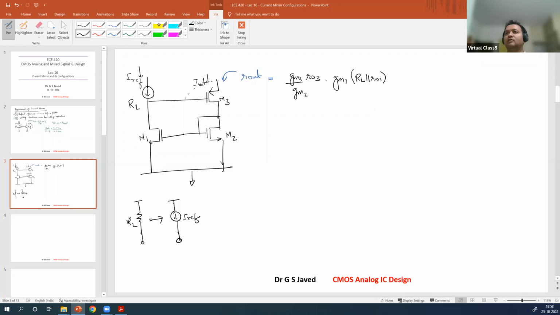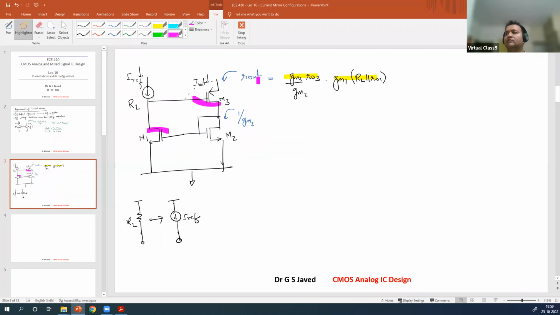Now here you have one gain term here, another gain term here, times 1 over gm2. That is the load seen here. So this is a gain, this is a gain, this is multiplied the gain factor here. So if you see the gain of this device, gm2, multiplied by the gain of this device.